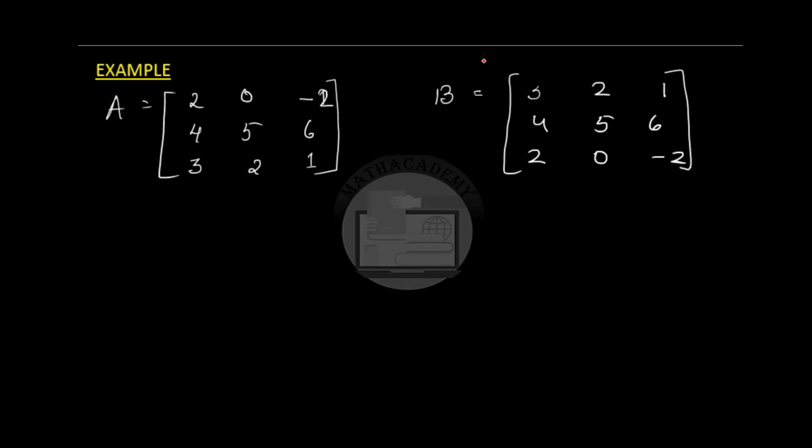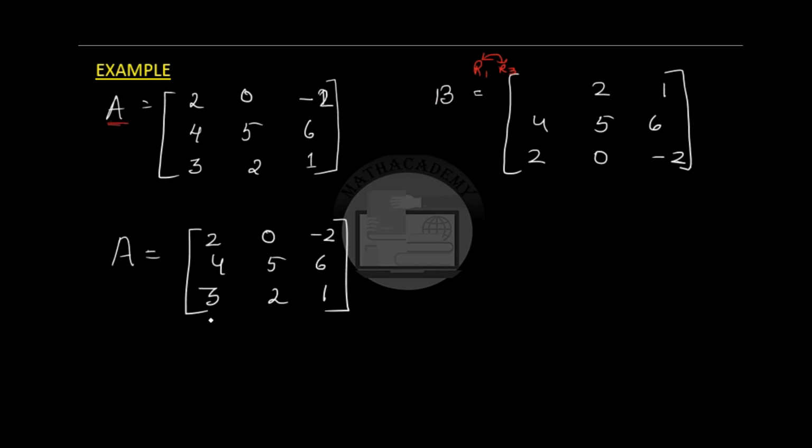What operation have I performed? Interchanging row 1 with row 3. So B is row equivalent of A. Let us perform another operation on matrix A. If we multiply row 1 by a non-zero constant, say 1 by 2, we will obtain a matrix B. How will it look?